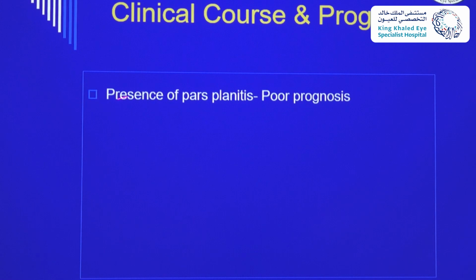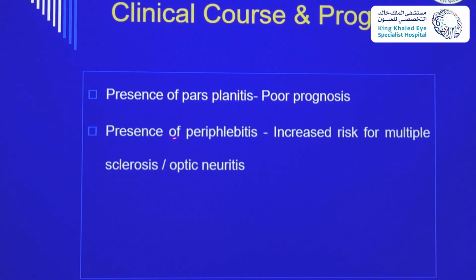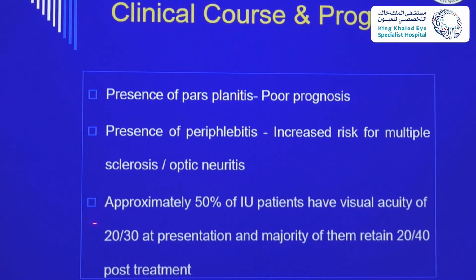What are the things that could carry a poor prognosis? Pars planitis by itself carries a poor prognosis. The presence of phlebitis increases the risk of multiple sclerosis among our patients, and even optic neuritis. Approximately 50% of intermediate uveitis patients have visual acuity of 20/30 at presentation, which is really good, and the majority of them retain 20/40 post-treatment.